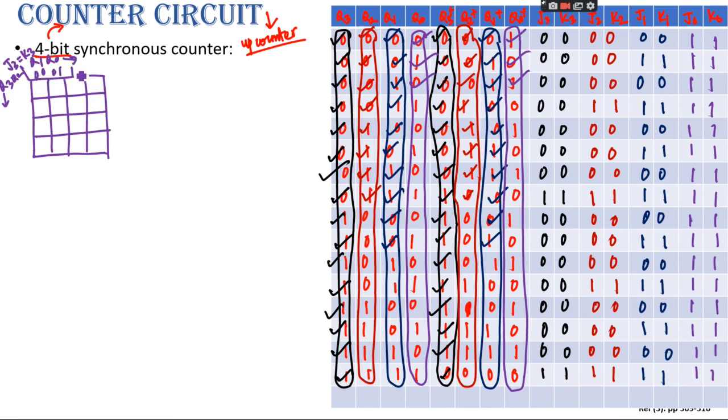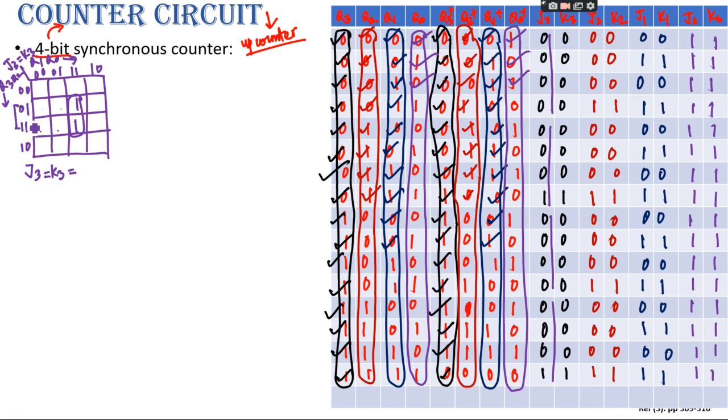So it should be 0 0, 0 1, 1 1, 1 0, and here it should be 0 0, 0 1, 1 1, 1 0. For the first 4 cases it's 0, then the next 4 cases 0 0 0 1 here, then again for the next 4 cases it is 0, and then for the next 4 cases it is 0 0 0 1. So if you combine them together, what should be the value of J3 and K3?